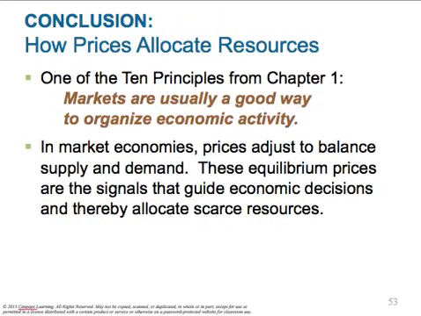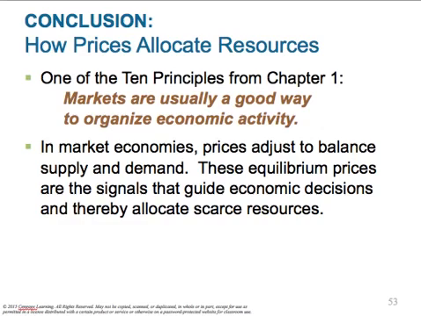So again, conclusion. How prices allocate resources. One of the 10 principles covered in Chapter 1 of this textbook is that markets are usually a good way to organize economic activity. In market economies, prices adjust to balance supply and demand.